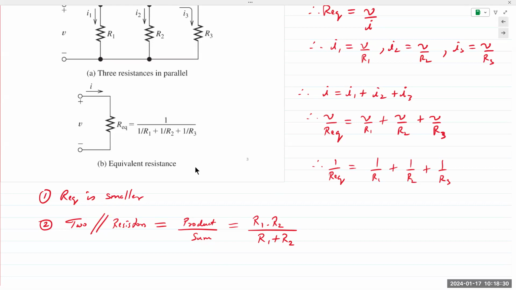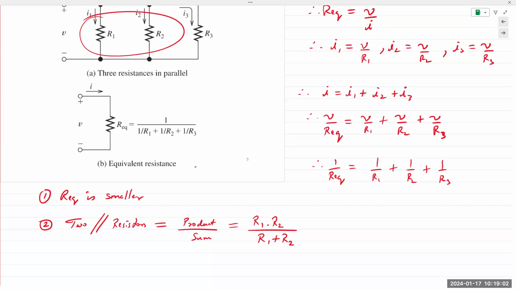So the question being asked is, can we apply the trick to more than two resistors by breaking it down into separate parts of two resistances each? And absolutely can. You can reduce. So as an example, you have R1, R2, and R3 here. You can first reduce R1 and R2, apply that shortcut.